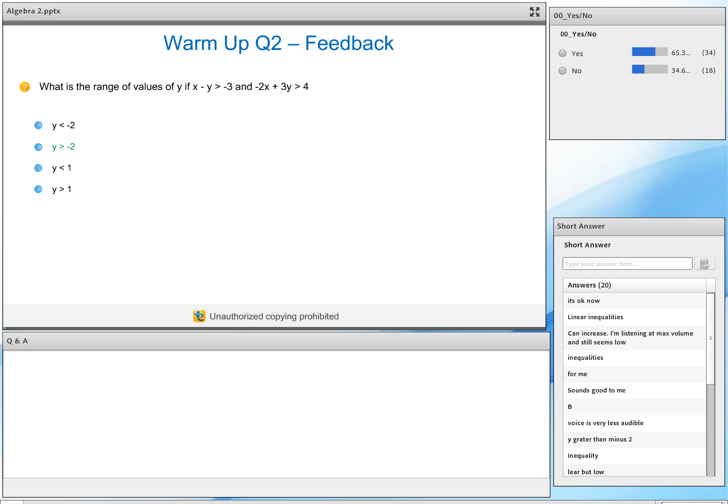Guys, nothing has changed from my end, so for those of you who are not able to hear clearly, I would suggest that you increase your speaker volume.